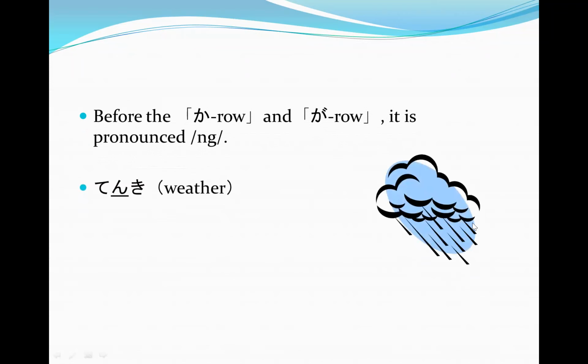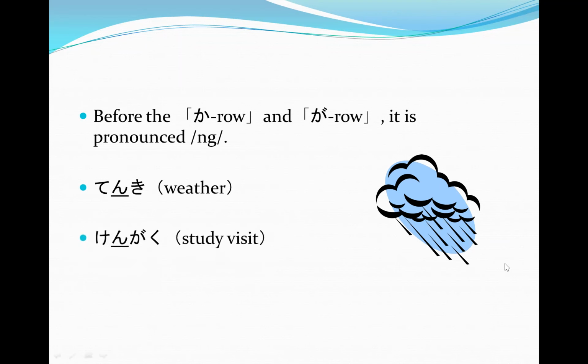In Japanese, weather is tenki. Even though it is written as tenki, it should be pronounced as tenki, because the n appears before the ki, which is under the ka row. So again, weather in Japanese is tenki.